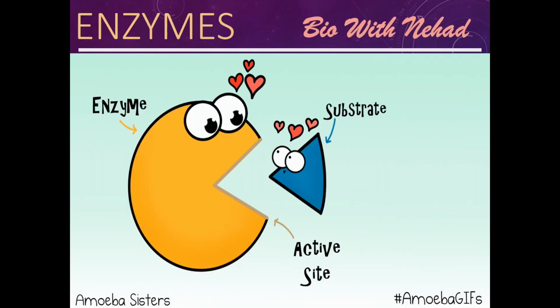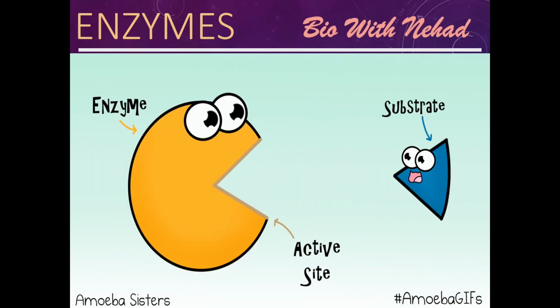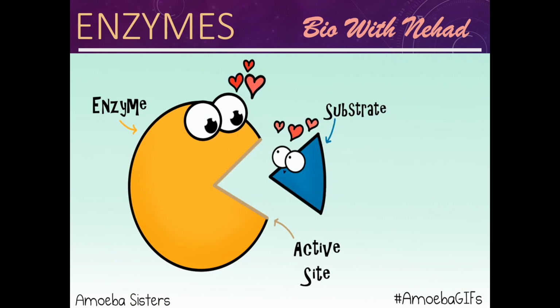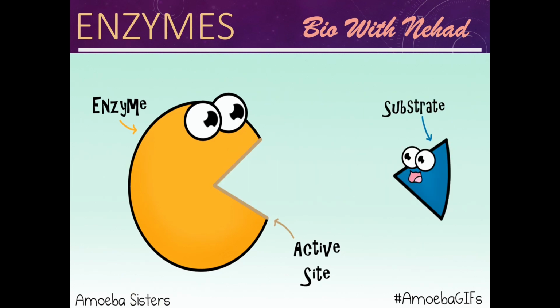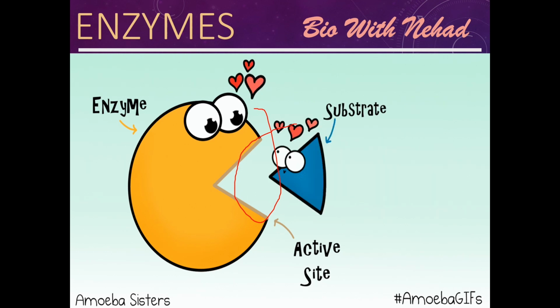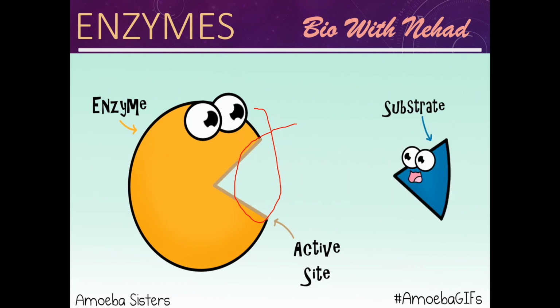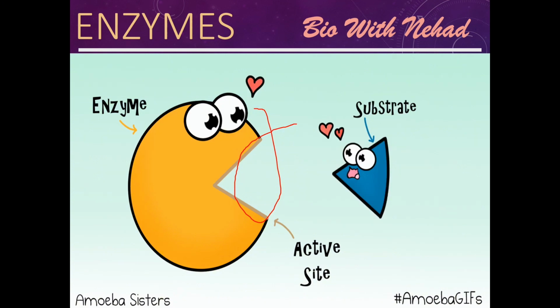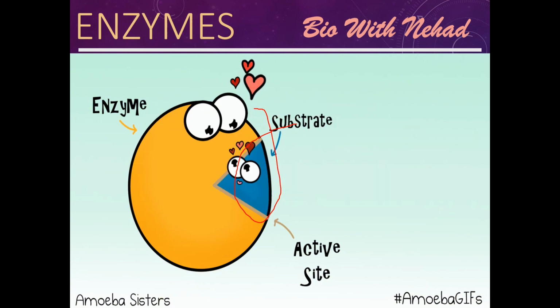Let me use this lovely comic just to show you the parts of the enzyme so I can explain to you later the mechanism of action of the enzyme. So the substrate, this is the substrate, and it's actually the molecule that the enzyme will be attached to or bonded with to start a chemical reaction. Either a big molecule in a catabolic reaction just to break it down into smaller molecules, and the enzyme will leave without any change.